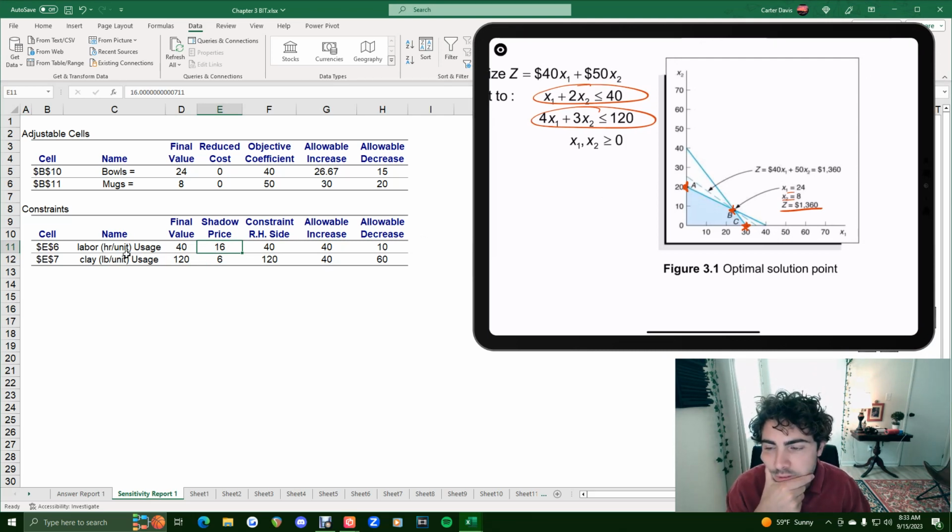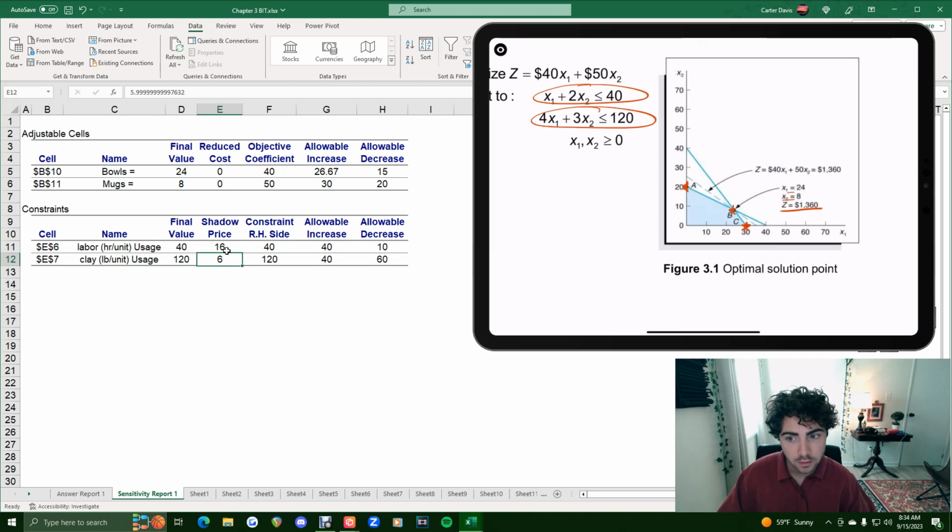For hours, if you increase your hours by 1, you can get 16 more dollars. Because we're maximizing profit, I think they literally mean you can get $16 more profit if you increase 1 hour. If you increase the clay by 1 pound, you can get $6 more on your profit.